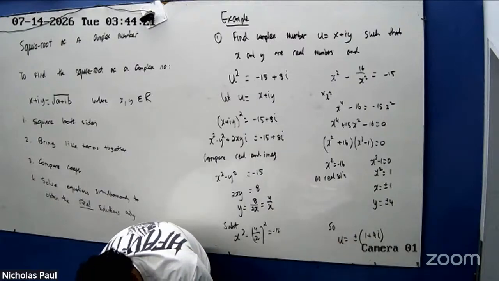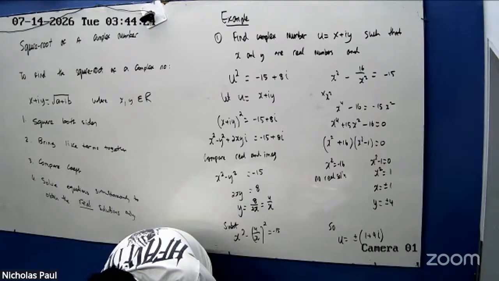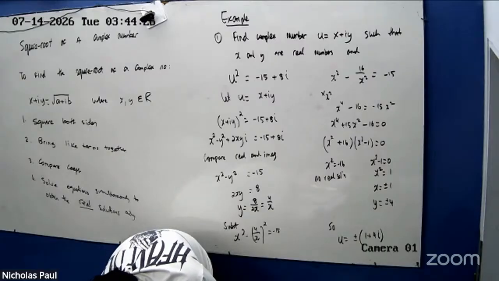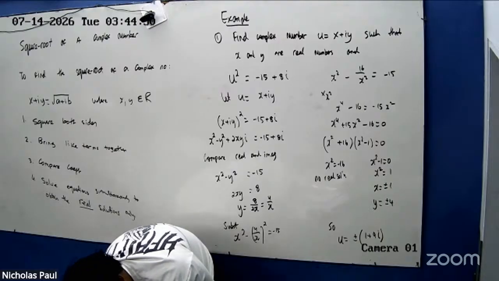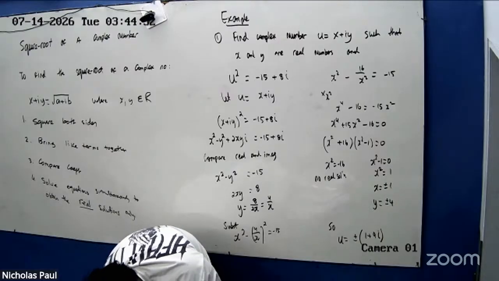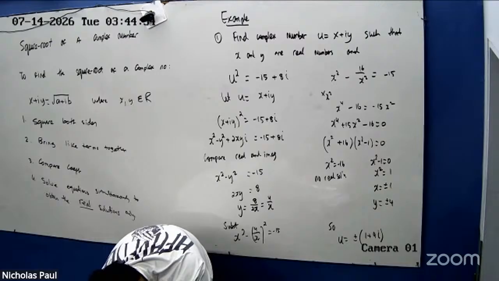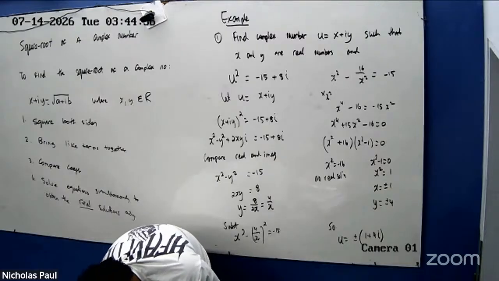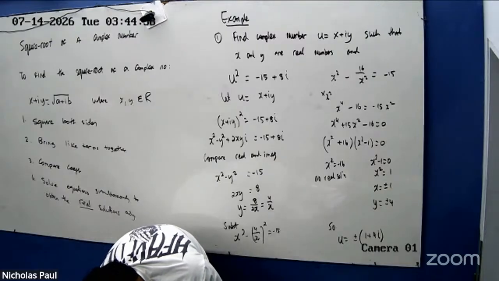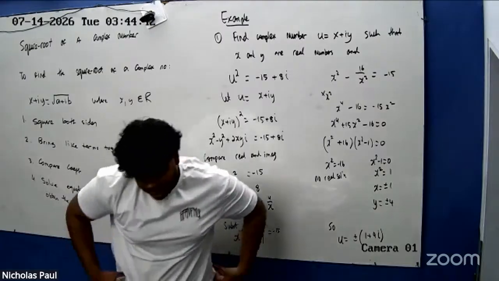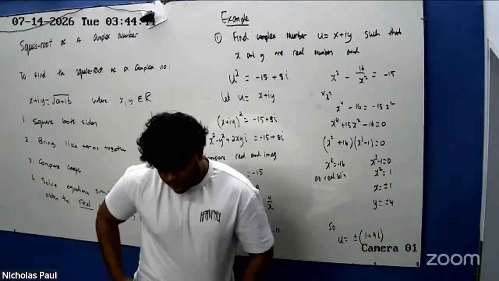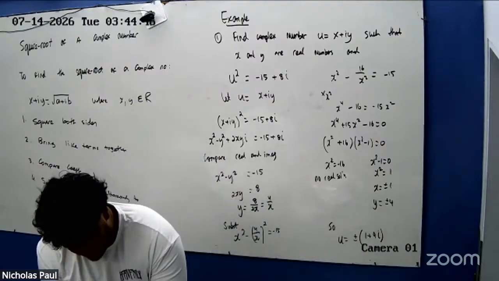Solve the whole equation. We're going to factorize it and then y squared, I would have gotten 16.